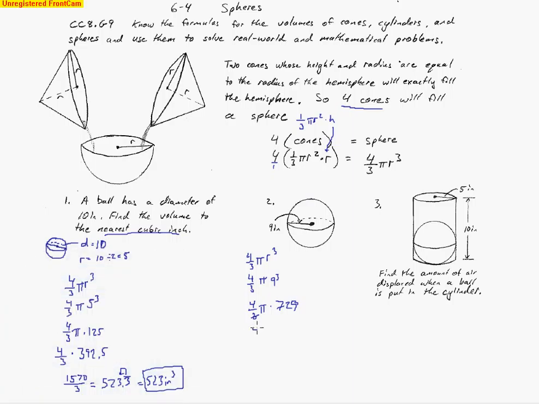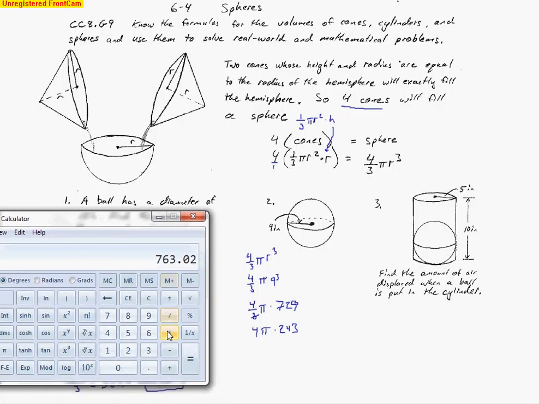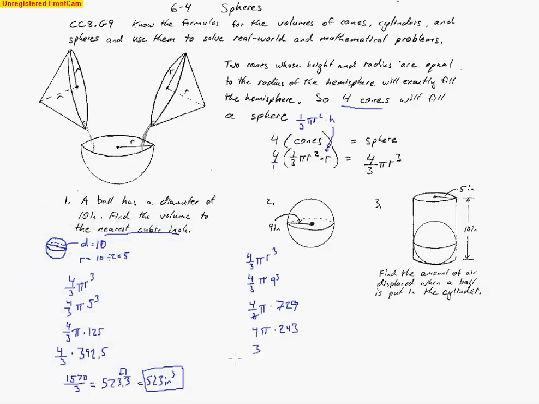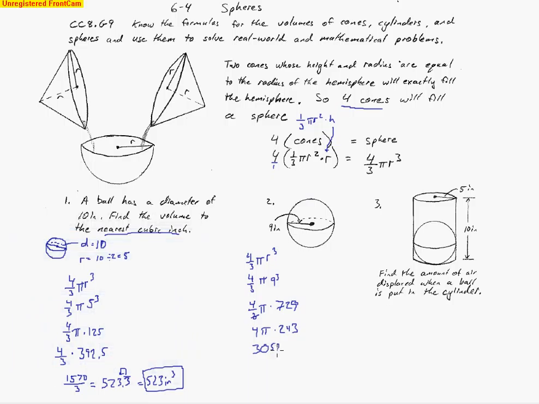So now I have 4 times pi times 243. Now I'm ready to multiply the numbers. So I have times 3.14. That gives me 763.02. Then I'll multiply that answer by 4. And that gives me my answer. The number was 3,052.08.